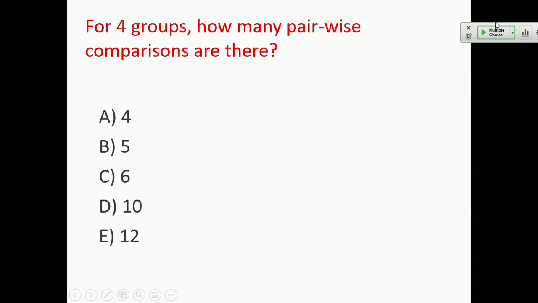If you have 4 groups, how many pairwise comparisons are there? What would you have to multiply your p-value by with 4 groups? Just make sure you know how to do the calculation, and mostly remember it.